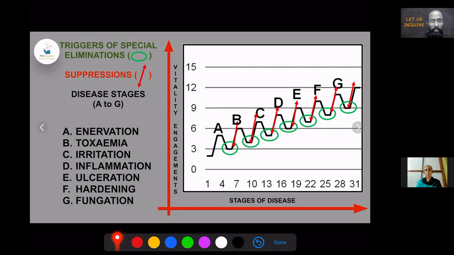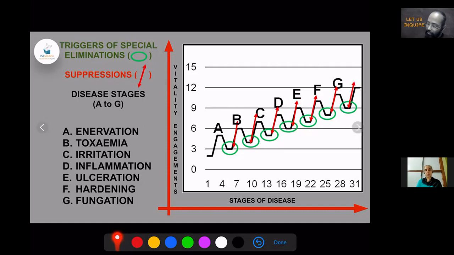So when the normal eliminations are not optimum, the body brings spatial elimination in terms of cough, flu, loose motions, acute pain with or without fever, and obviously fever, which are examples of spatial elimination. Now, when we suppress that spatial elimination, these red arrows are suppressions, as you see.